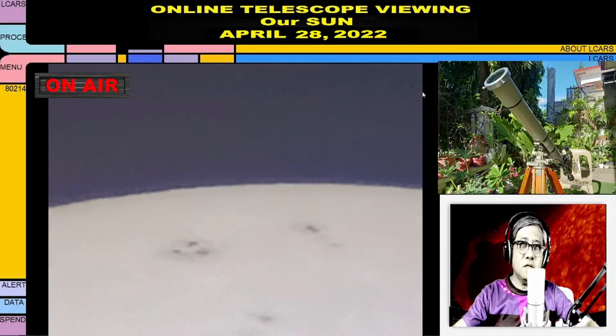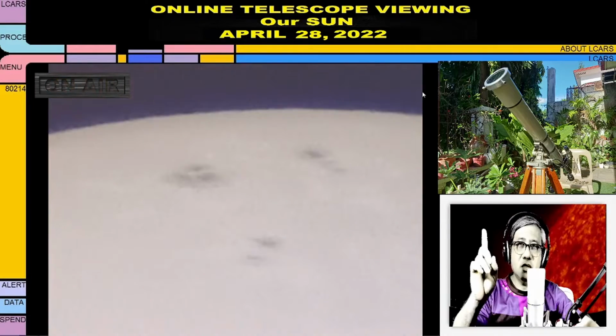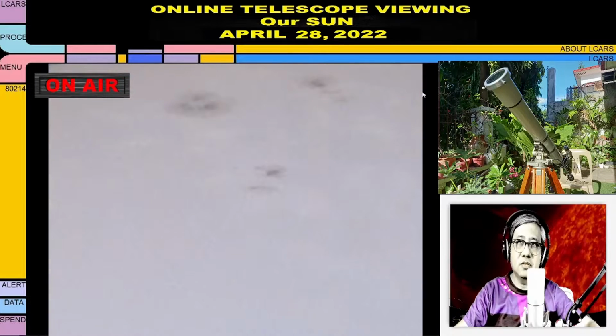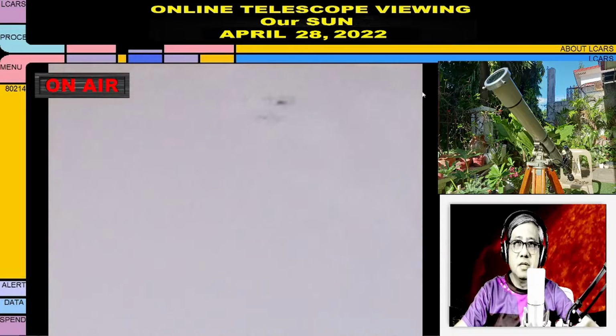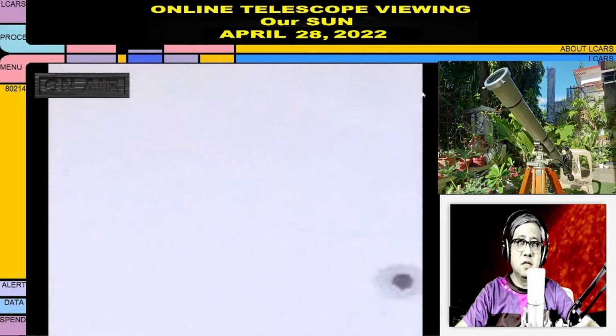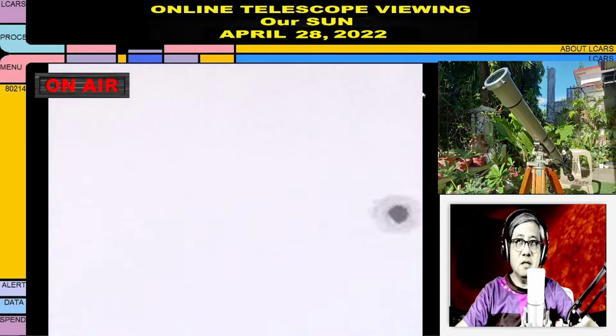Ayan. And ito po yung telescope na ginamit ko for our solar imaging. So this is a Vixen custom 80mm refracting telescope equipped with a Baader solar filter. Alright, and again po sa isang importanteng batas sa pag-o-observe ng araw. Never observe the sun directly.